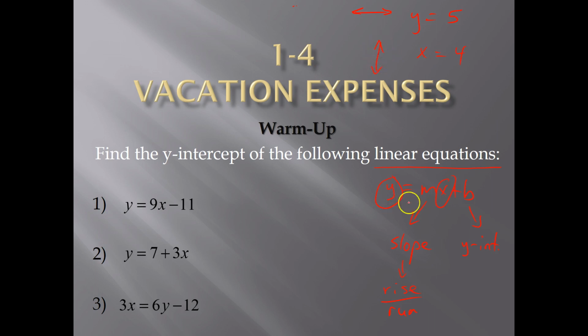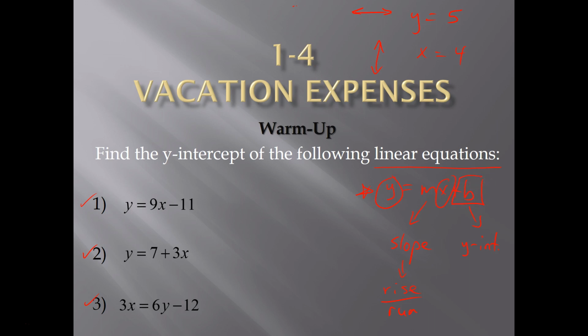When the equation has an x and a y, like all three of these warm-up problems do, that's a clue that these are diagonal lines, and all diagonal lines are going to cross the y-axis somewhere. We just need to know where. And if we go back to our slope-intercept form, that b is the y-intercept. So this is really the thing we're looking for, that y-intercept.